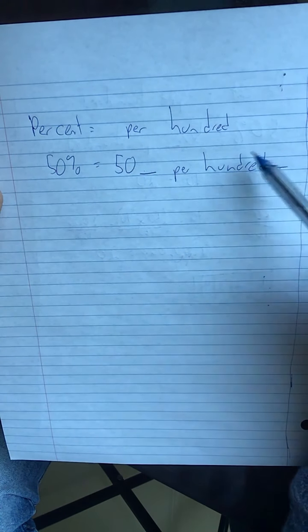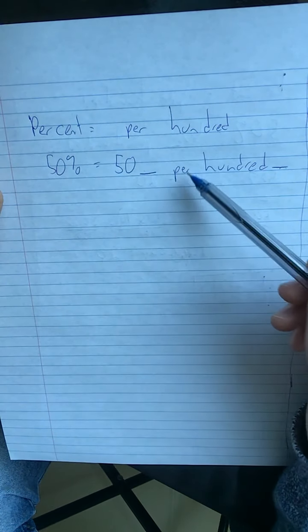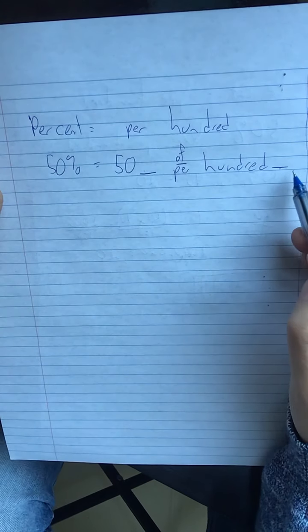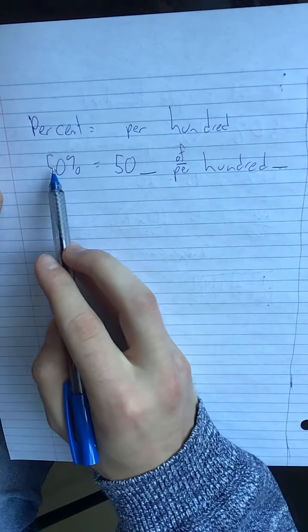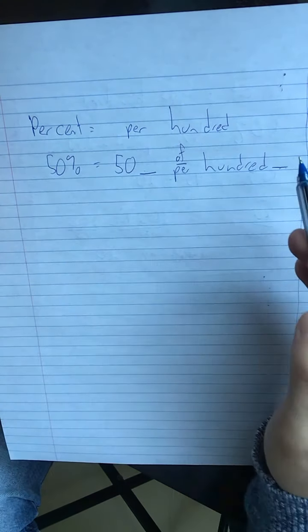Or maybe you have 100 rice, and 50 of the 100 rice fell on the floor. Then 50% is on the floor. And that's kind of how we have to think about that.